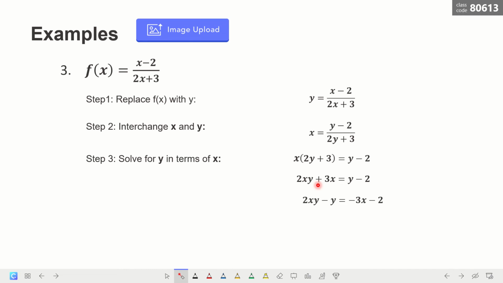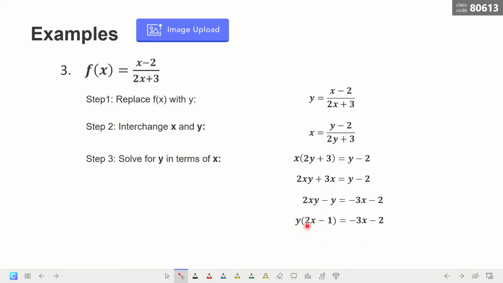We combine the y terms, the like terms, so 2xy minus y is equal to negative 3x minus 2. Transpose, and then simplify so we can bring out y.